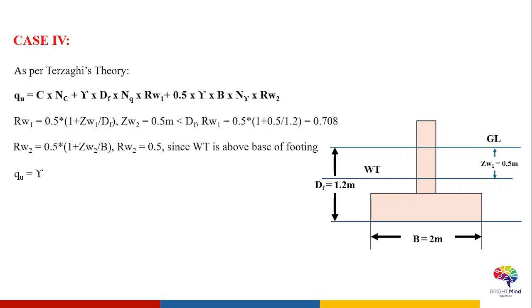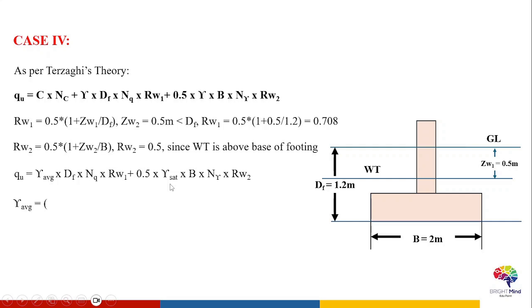Now we'll make use of the equation proposed by Terzaghi, but in this case now for the surcharge term we'll make use of the gamma average, that is the weighted average of the soils, because we have dry soil as well as saturated soil present here, and for the wedge term we will be considering only the saturated unit weight of the soil.